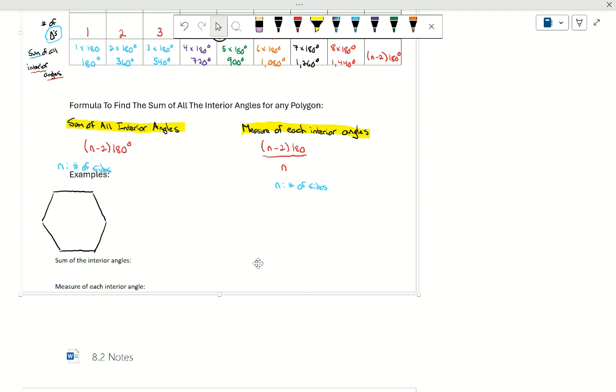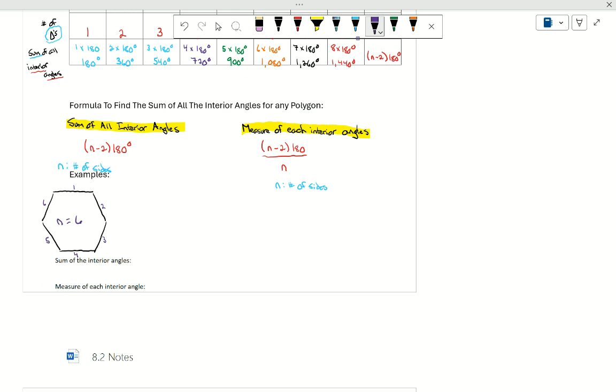So first of all, we have to know what n is. In this example, what's n? Well, n is equal to 6. Why 6? There's 1, 2, 3, 4, 5, 6.